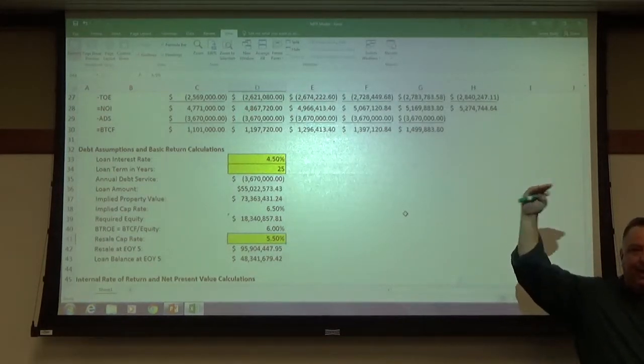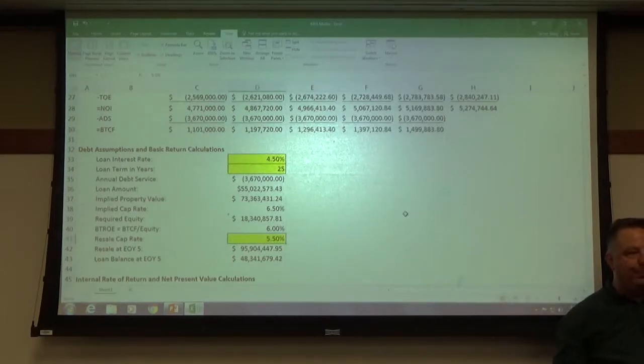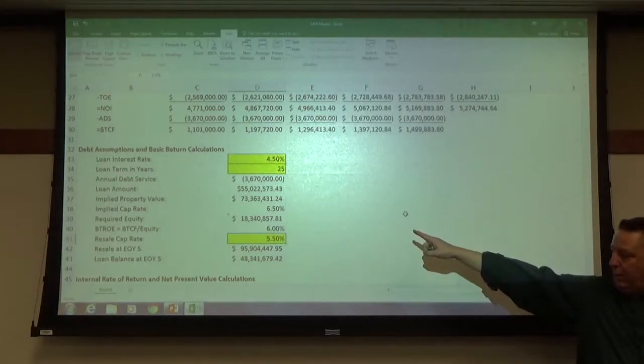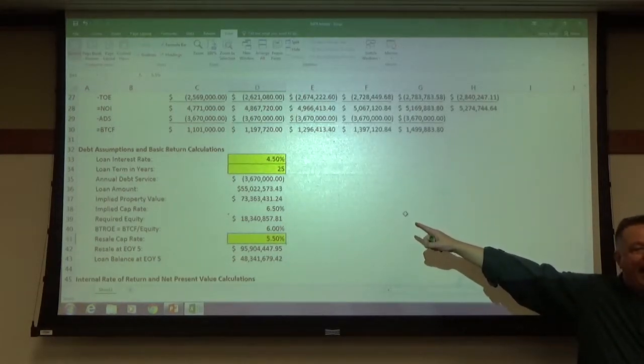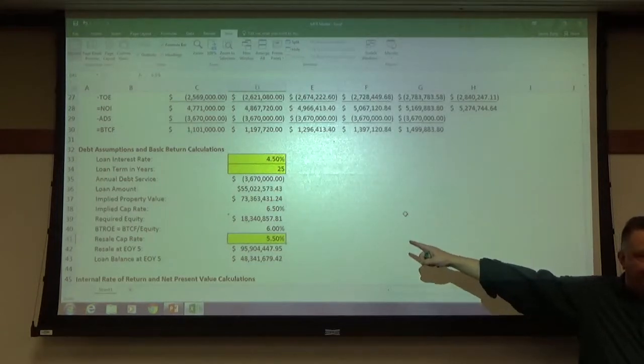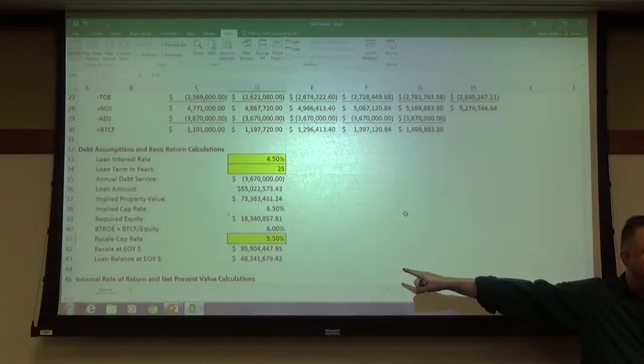So a higher cap rate, higher risk. Lower cap rate, lower risk. Now use the logic and explain to me why you potentially would have a higher cap rate whenever you bought the property and a lower cap rate whenever you sell the property.